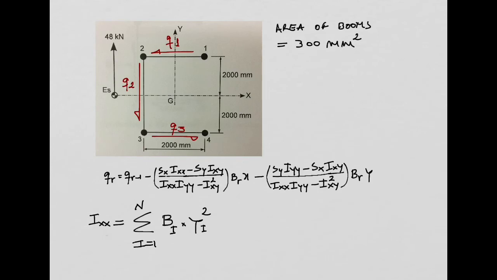This comes from the parallel axis theorem. Remember? If you imagine you have this rectangular cross-section here, where you know that about this x bar axis, let's put some dimensions here.